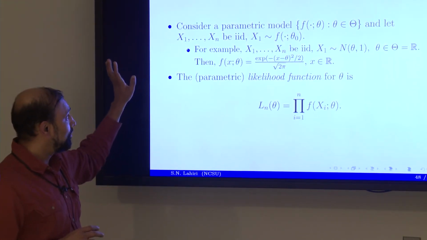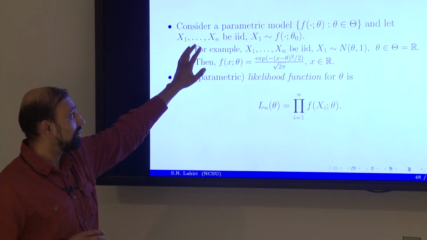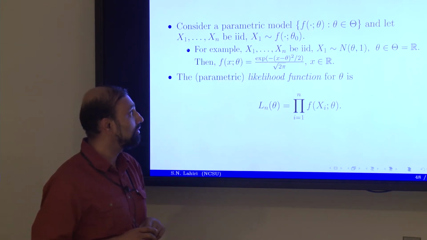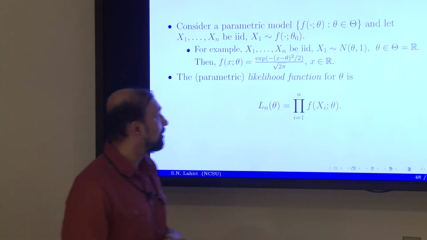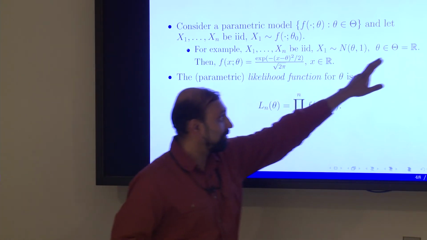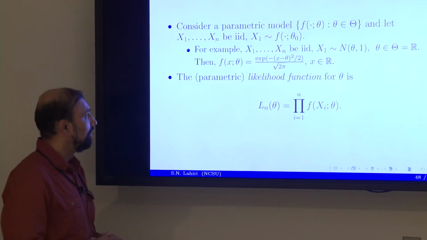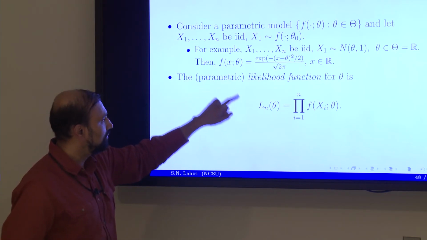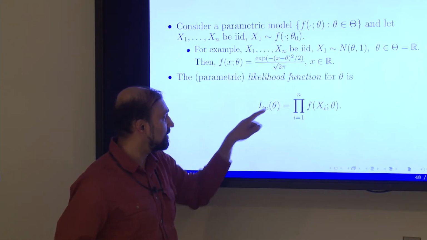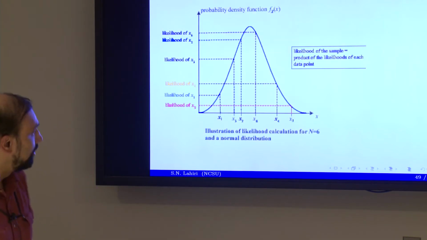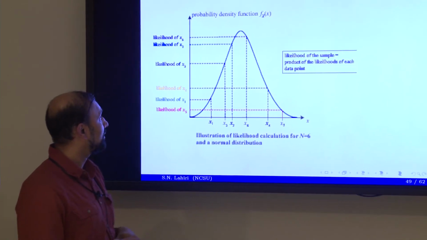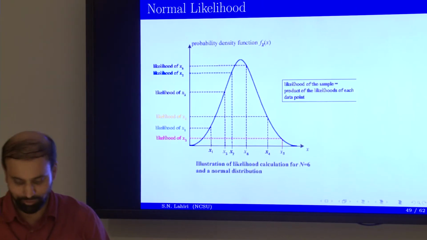So in the classical case, what happens, we have x1 through xn. Those are IID, independent and identically distributed random variables with a common distribution that is coming from this family of distributions, f of theta. Theta is a finite dimensional parameter, oftentimes just on the real line. And you set up the likelihood. Essentially, you evaluate the density at the observations and consider this as a function of the parameter theta. And wherever this function, this is your likelihood function, wherever that, well, I am going ahead of myself.